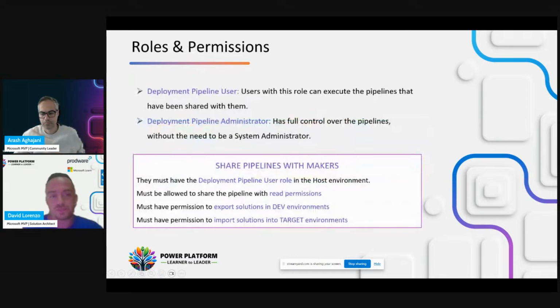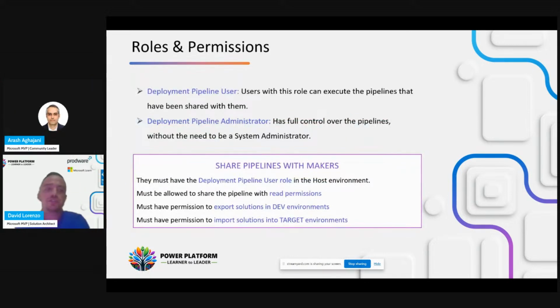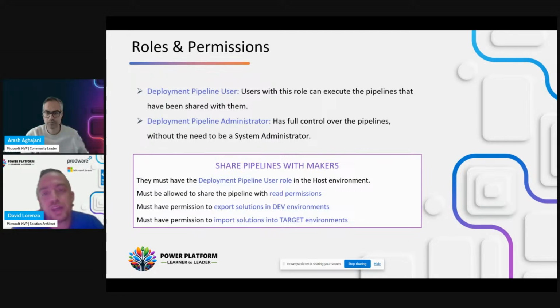So the roles and permissions, as I stated before, there are two roles that are added to the environment when we install the Power Platform Pipelines application. The user role will allow the users with this role to run the pipelines that have been shared with them. So we have to share the pipeline with the makers, assign the deployment pipeline user role, and then they can run this pipeline.